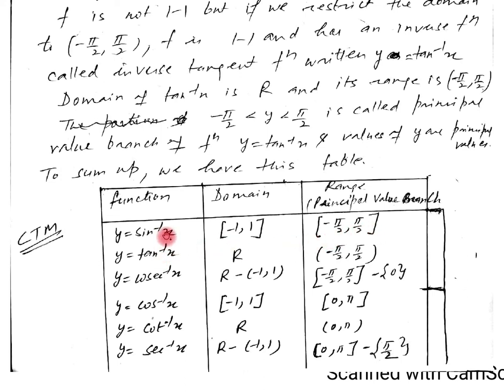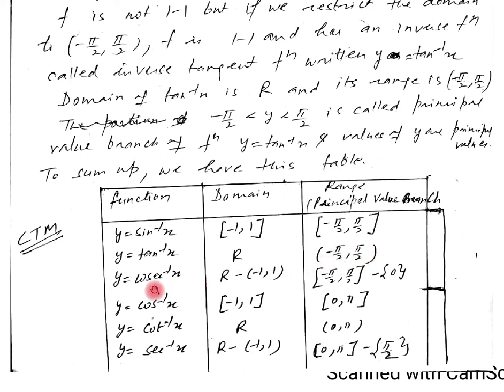Then I have taken tan inverse x, then cosecant inverse x. These three trigonometrical inverse functions I have taken together because their ranges are similar. Here it is the closed interval minus pi by 2 to pi by 2. In the case of tan inverse x, it is the open interval minus pi by 2 to pi by 2.